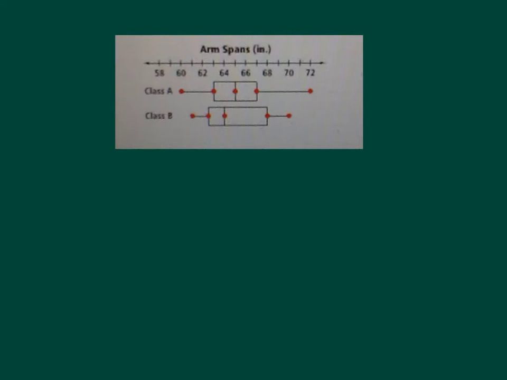Okay? All right, let's look at the next one, arm spans. So we have Class A and Class B, and we want to compare the data. So we always look at the box. Okay? Class A's arm span went from 63 to about 67. Okay.